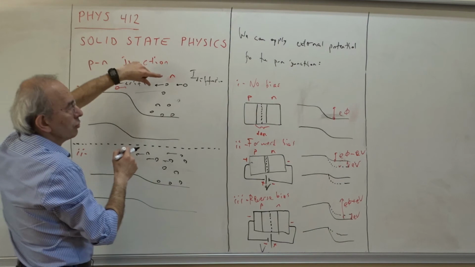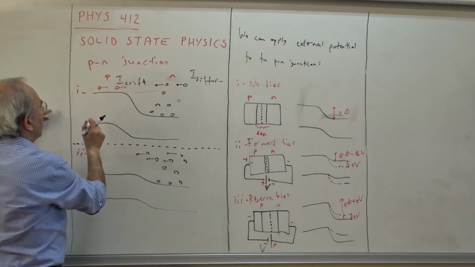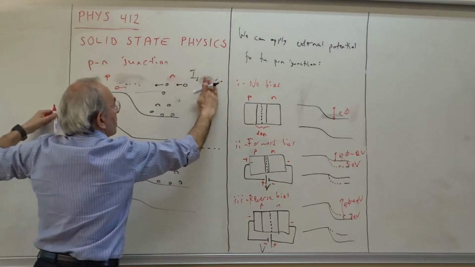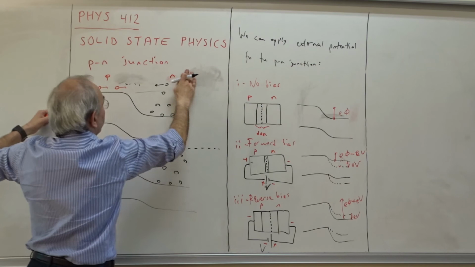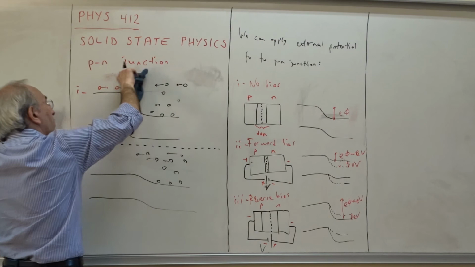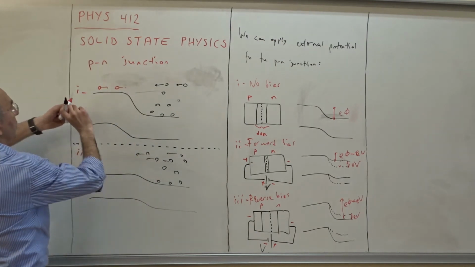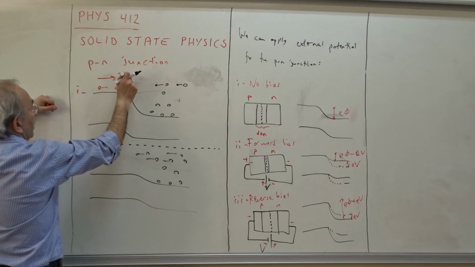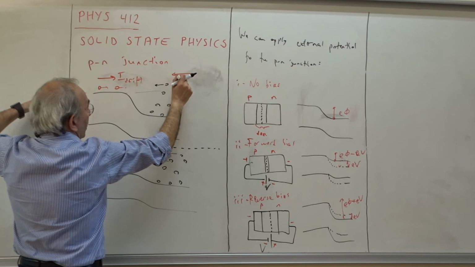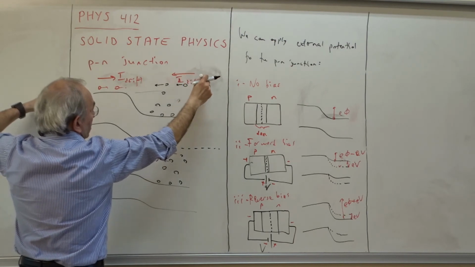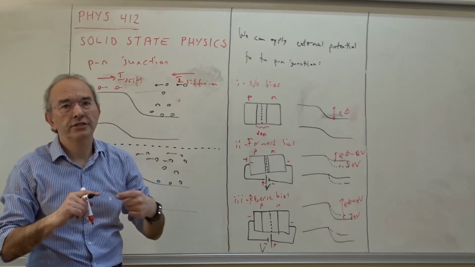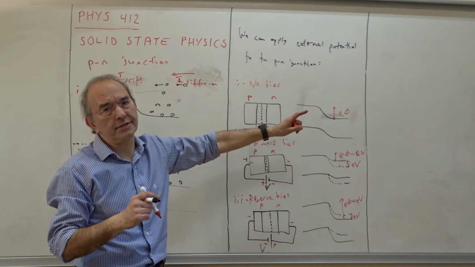So if you compare the two currents, let me show by some arrows. This is the case I drift, and that is I diffusion. They are almost the same. Diffusion and drift currents are almost the same in case of no bias.